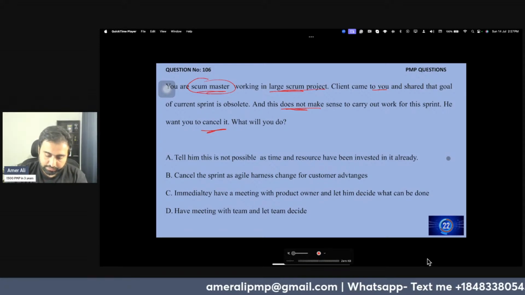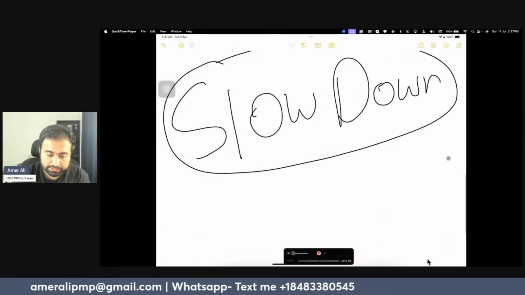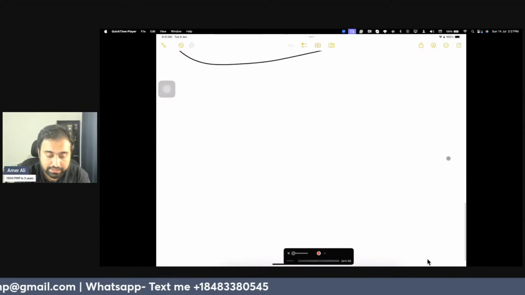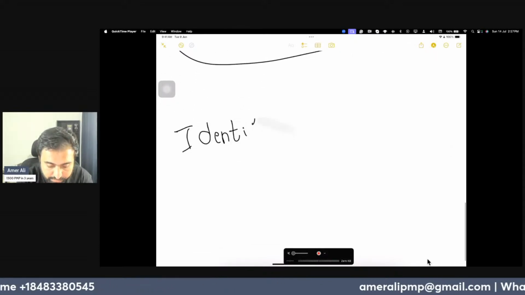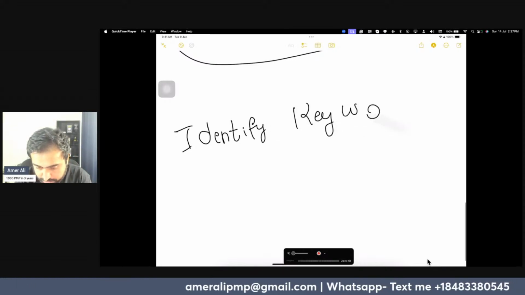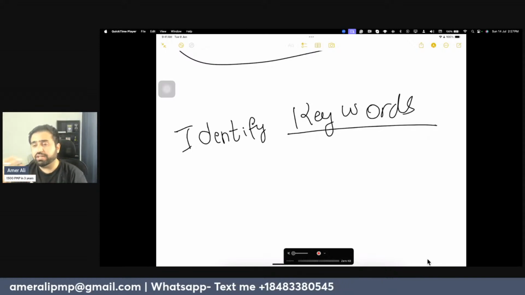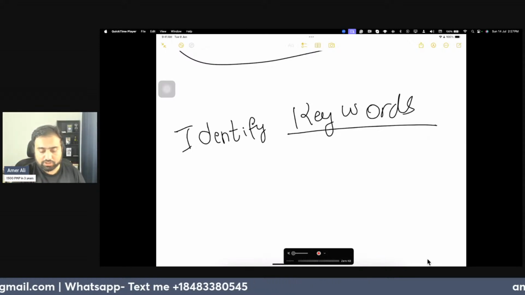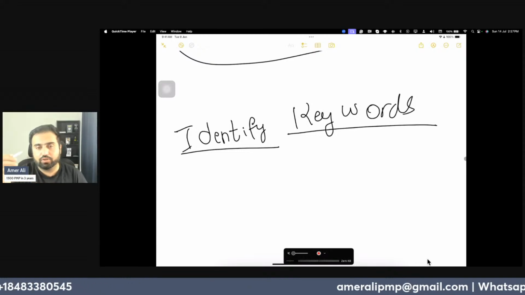That is the question. Step number one was slow down. Step number two is identify keywords. In the real exam, you will be able to mark them using a highlighter or things like that.